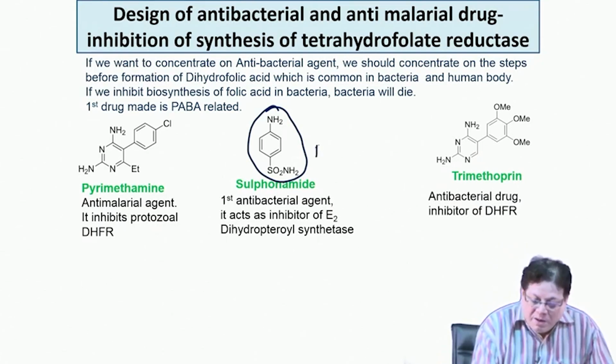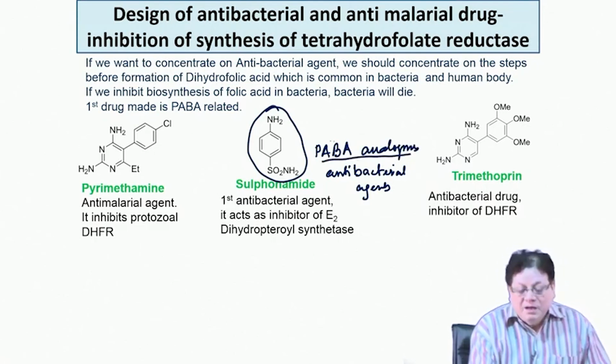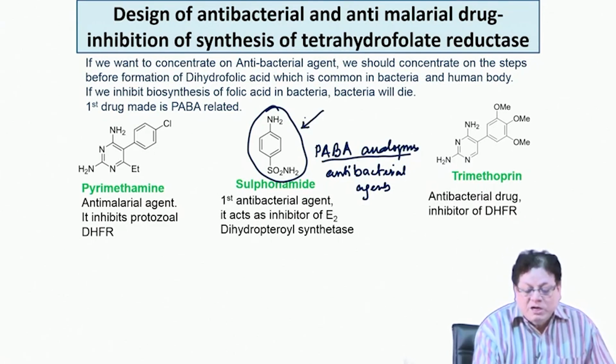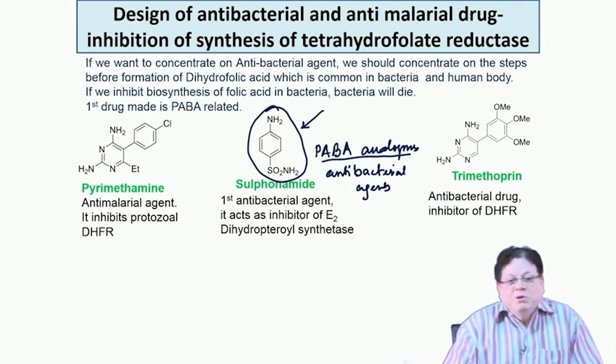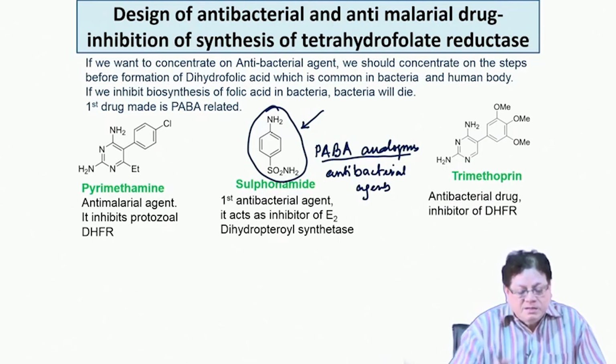So, these are called PABA analogues, and they are antibacterial agents. There are different PABA analogues available, but the ultimate mechanism of action is that these PABA analogues ultimately release para-aminobenzene sulfonamide, and when it is incorporated, the enzyme thinks that this is the substrate.